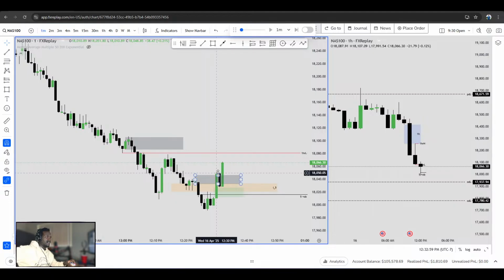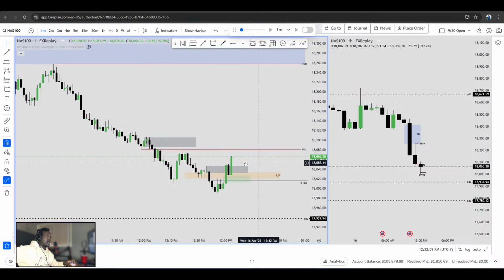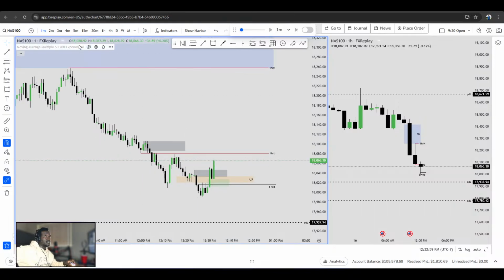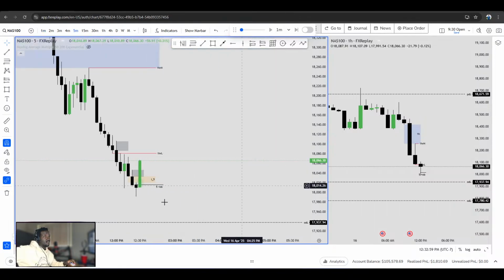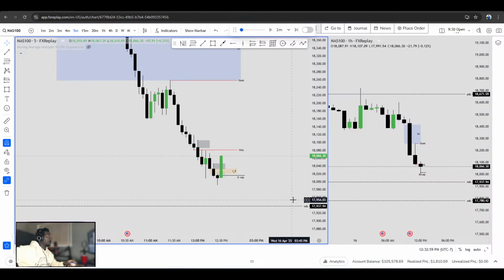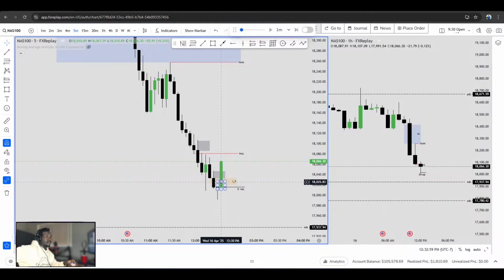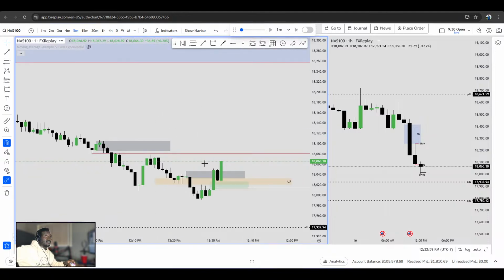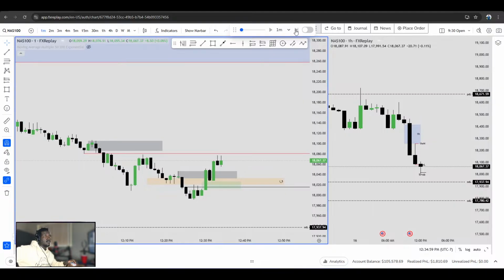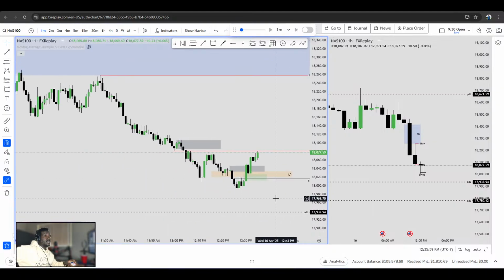So we closed above it, we came down deep, so that could be a nice entry, but I'm gonna wait for 12:34 because I did add another filter that I wasn't really supposed to, so let me just wait for it. So this candle closes in the next 3 minutes. Boom, boom, boom, and we Gucci. I think I'm gonna take that trade.